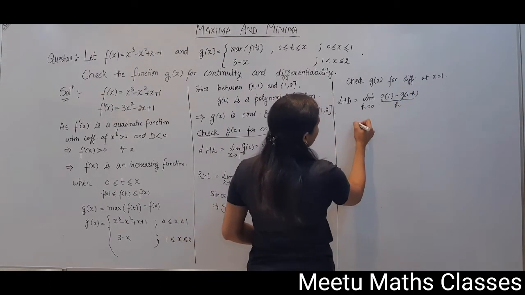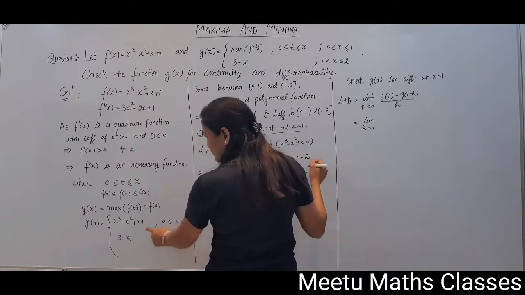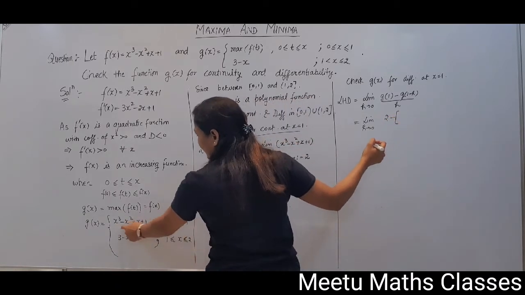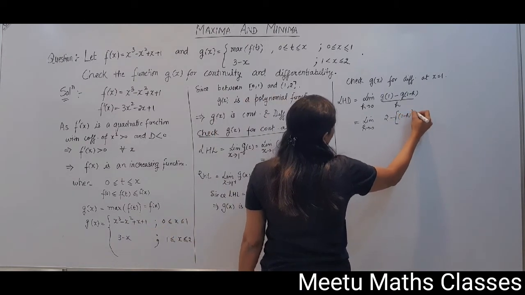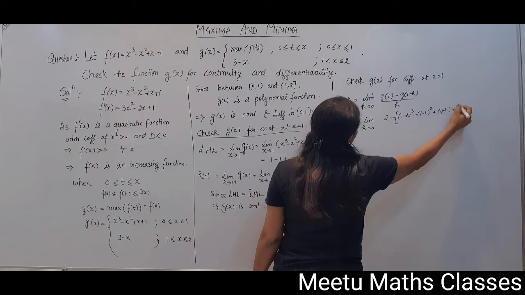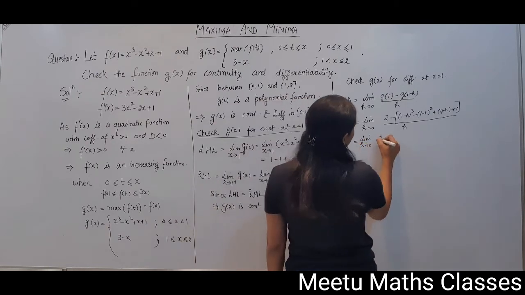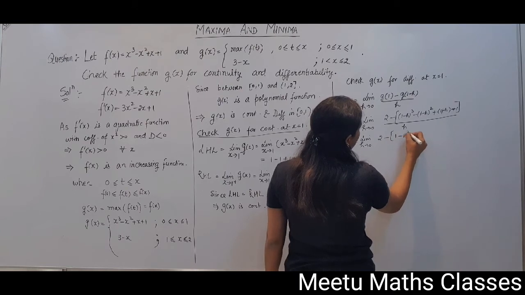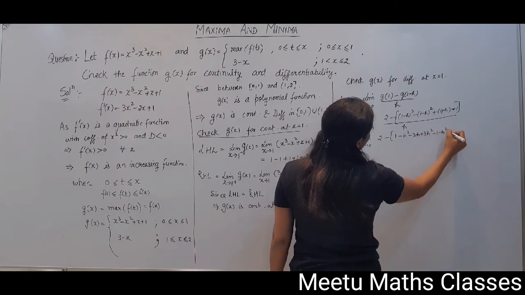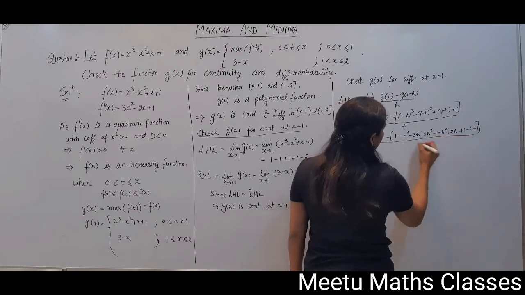When x equals 1, g(1) is equal to 2, minus g(1 minus h), which to the left of 1 is defined as (1 minus h) cube minus (1 minus h) square plus (1 minus h) plus 1, upon h.